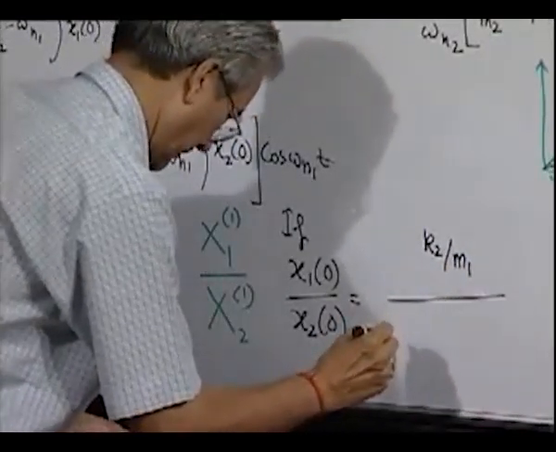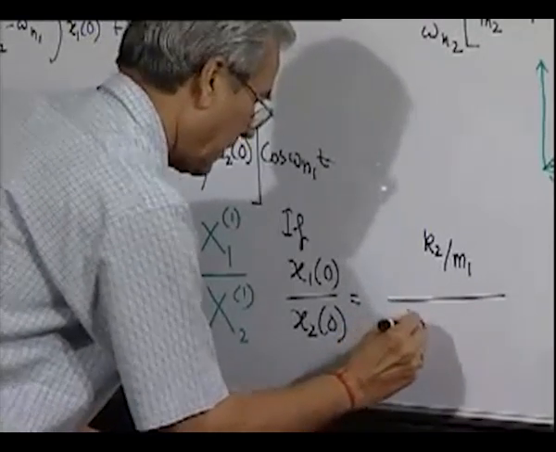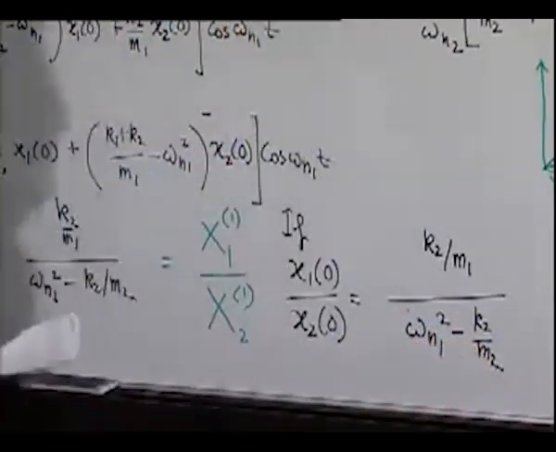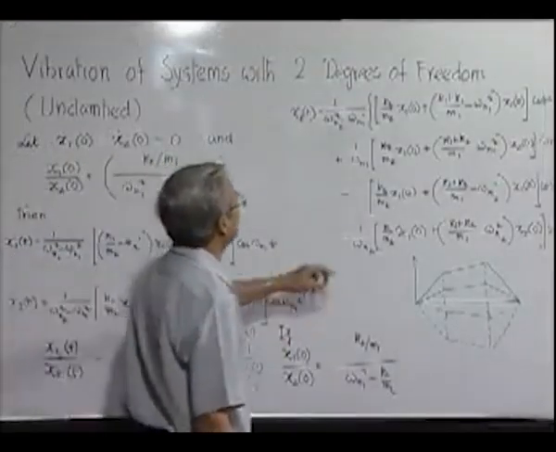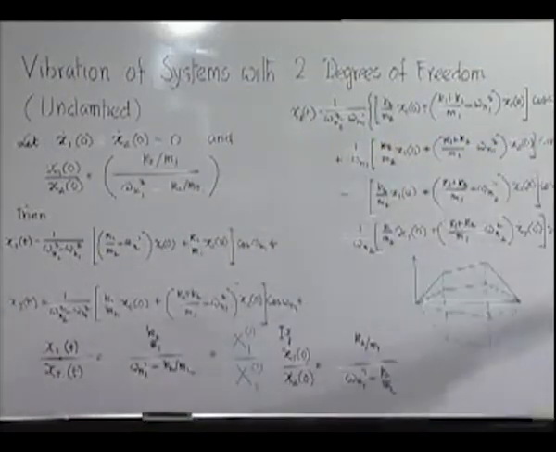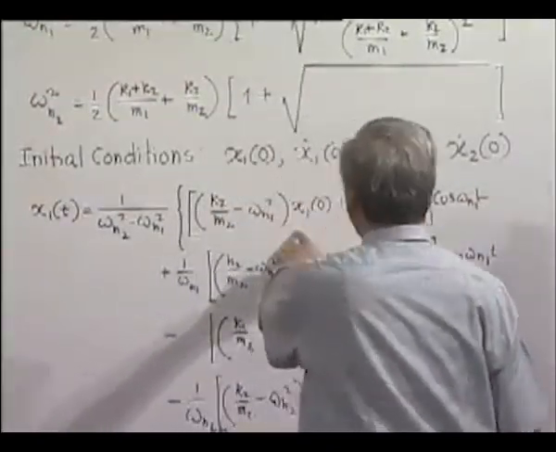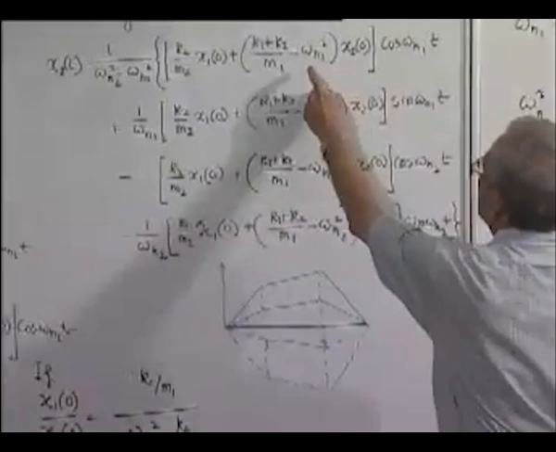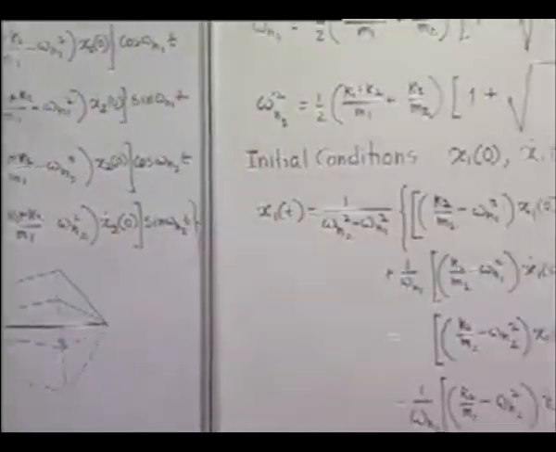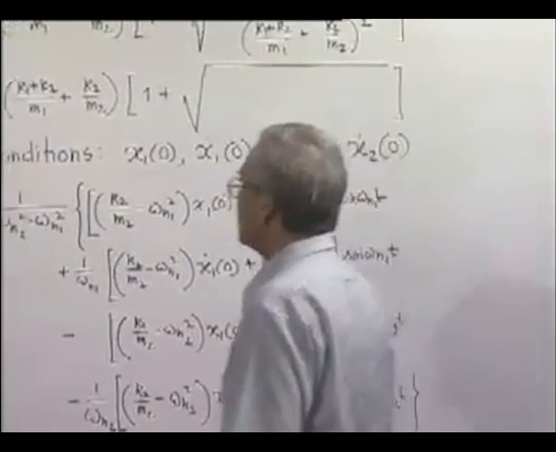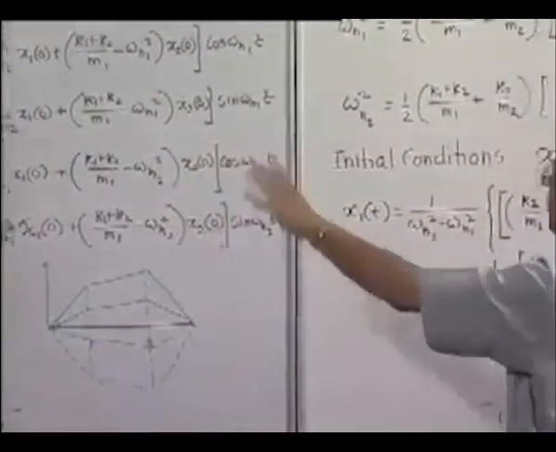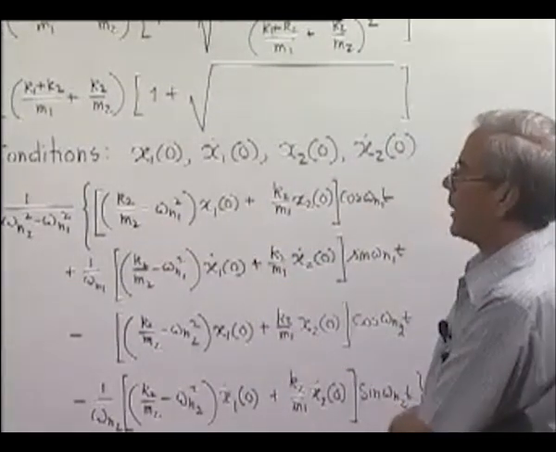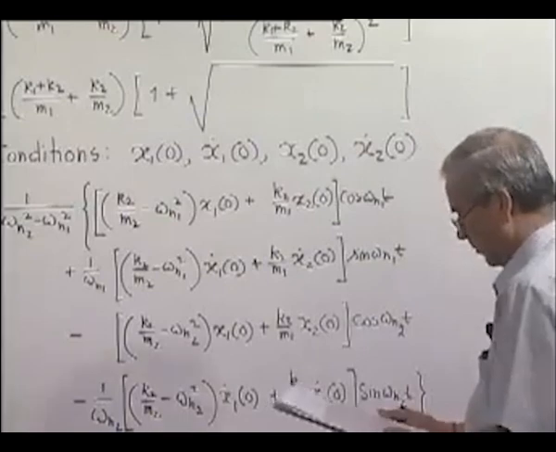There, if x10 by x20 we select as this, then you will find that this term is 0 and this term will be 0.